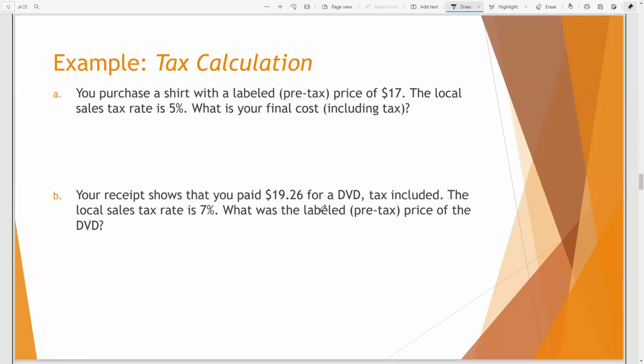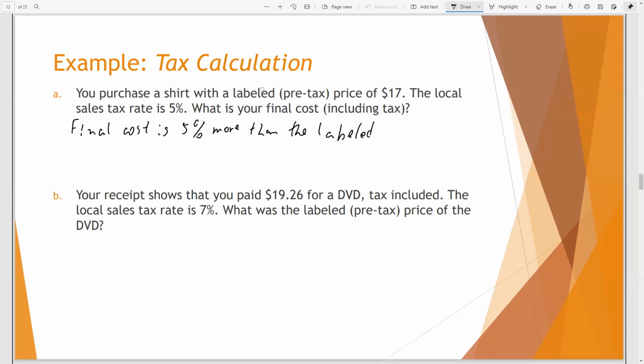Right, so let's see the application. You purchase a shirt with a labeled price. The labeled price is pre-tax $17. Your local sales tax rate is 5%, and what's your final cost? Right, so the final cost intuitively is 5% more than the labeled price, right?